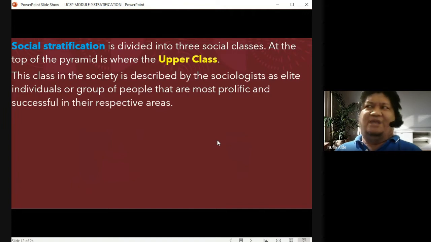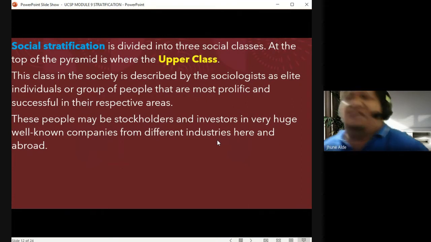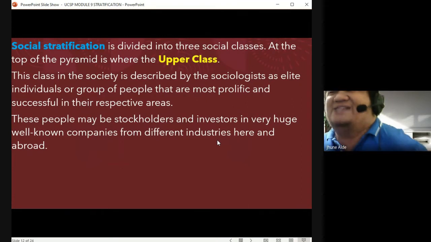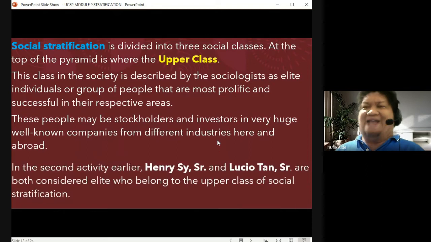So sila yung mga nasa elite group, mga mayayaman. These people may be stockholders and investors in very huge, well-known companies from different industries here and abroad. So sila yung mga taong kabilang sa upper class.